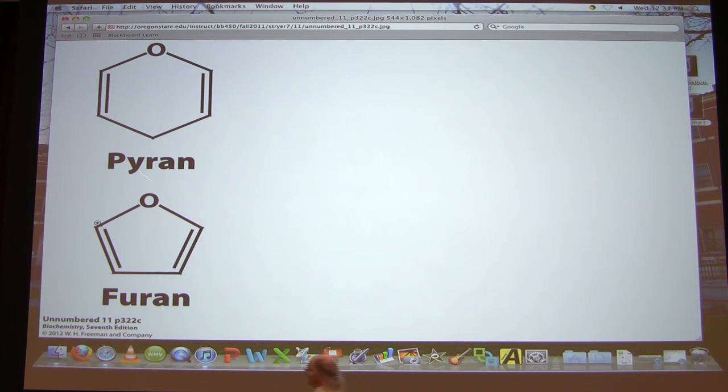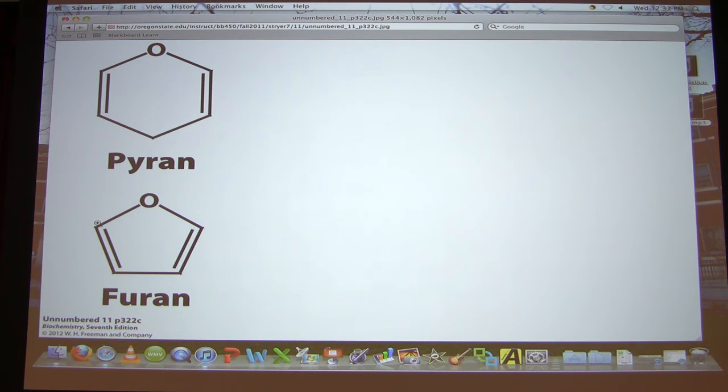We use these names as our way of describing sugars. Sugars that form 6-membered rings we refer to as pyranoses. Notice I said 6-membered rings. 6-membered rings have 5 carbons in them. Okay?